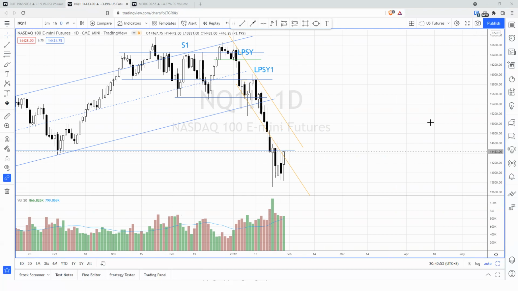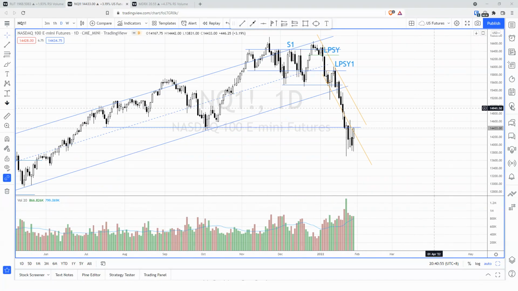Okay, if we look at this daily chart here, it's definitely oversold. So look at this. It's very oversold, overextended, and if it backs up, as usual the Wednesday high here is the first level, 14600, to overcome, followed by a few more levels.